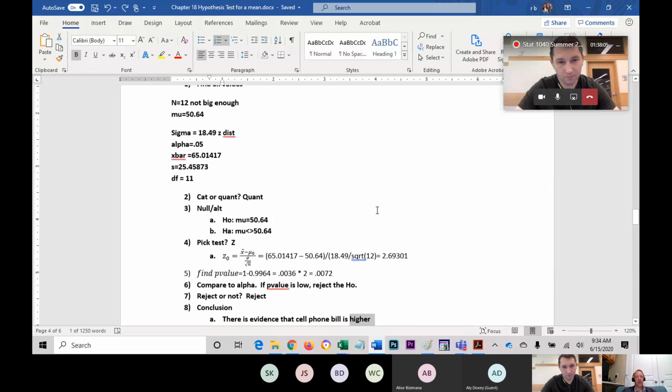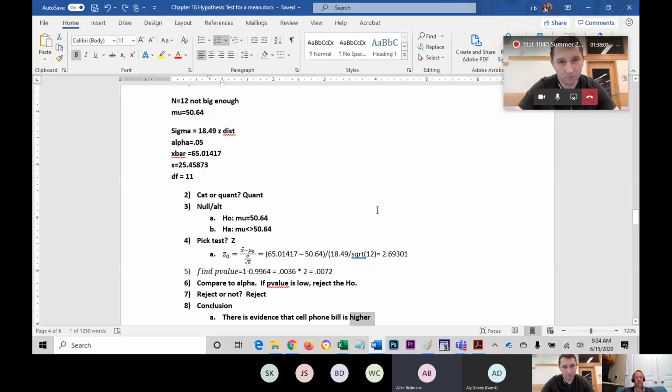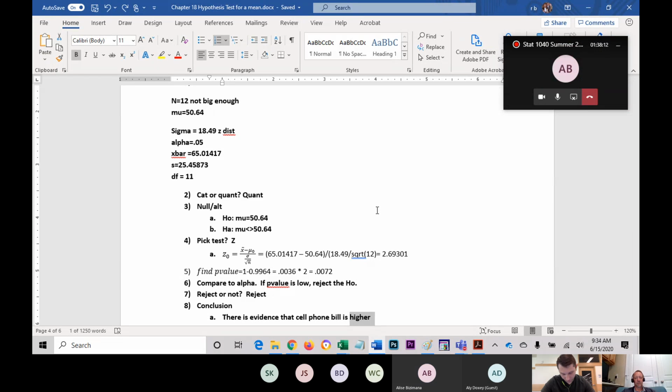Because the p-value is less than the alpha. So the p-value is lower than your alpha, but the p-value is always positive, and so that doesn't tell you whether it's higher or lower. So yes, the p-value is low. That is correct, but that doesn't tell me if my cell phone bill is higher or lower.